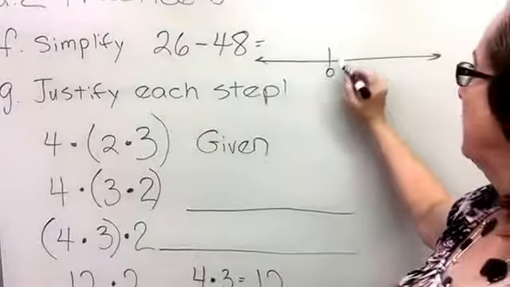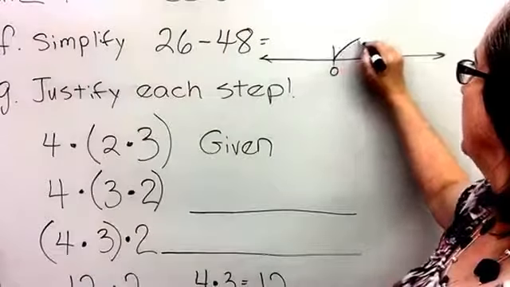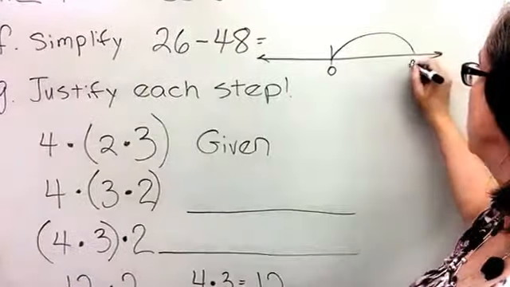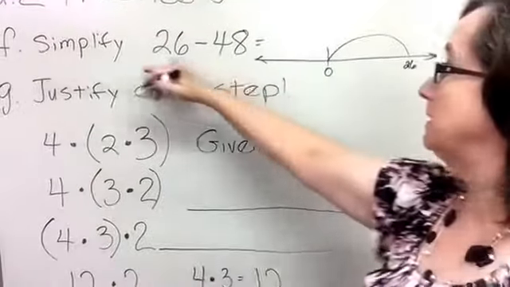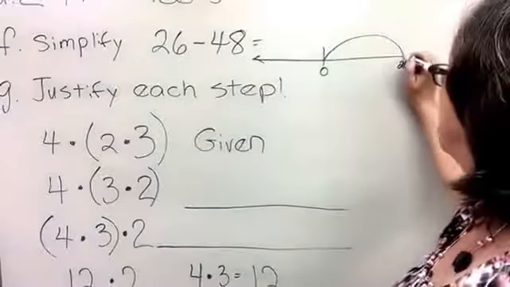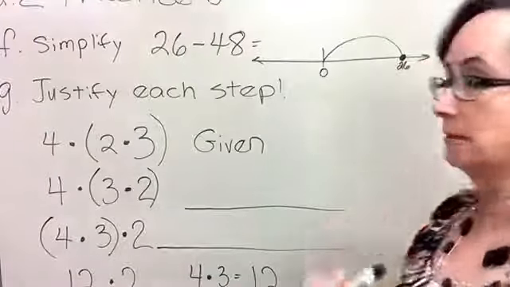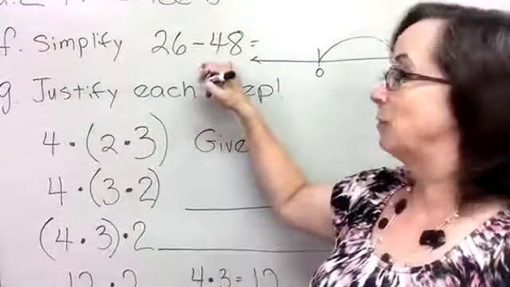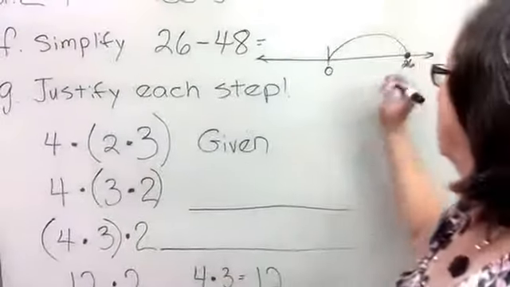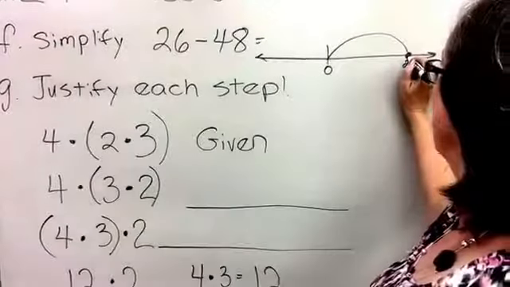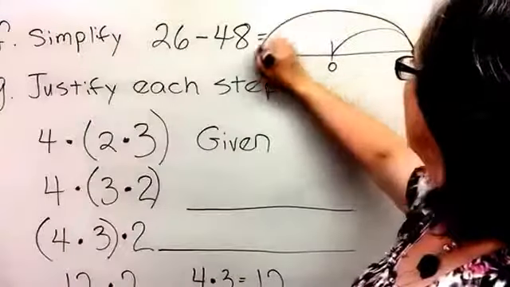But let's suppose that we had way over here was 26, and it is 26 steps. So this number is represented by this point on the number line, isn't it? But then we're taking away a number that is bigger than 26. And so it's going to be way over here.